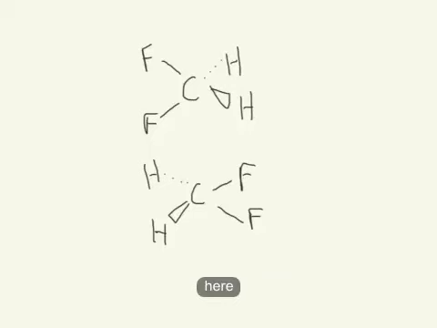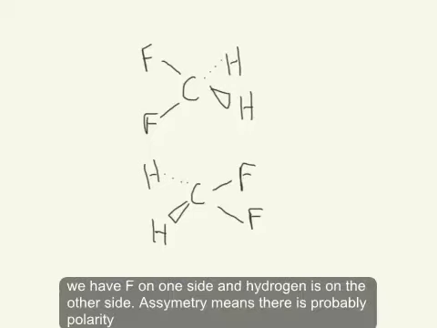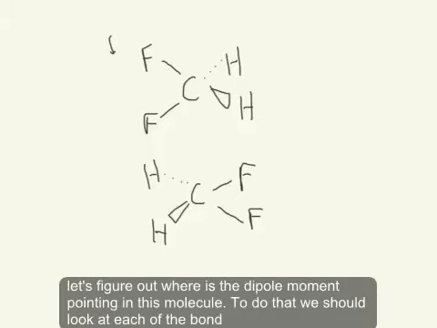Okay, so check out this molecule. Here we have some asymmetry, yeah? I mean, we have fluorines on one side, hydrogens on the other side. So asymmetry means there's probably polarity. Let's figure out where the dipole moment is pointing in this molecule. To do that, we should look at each of the bond polarities.